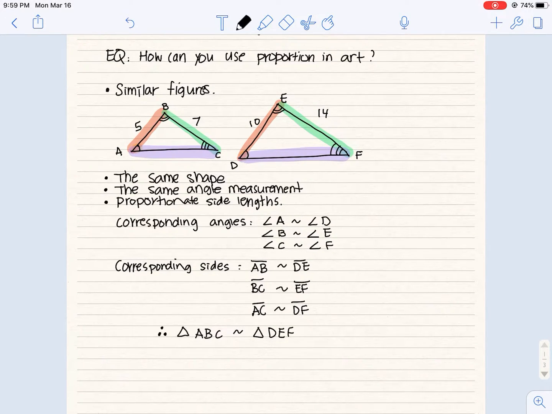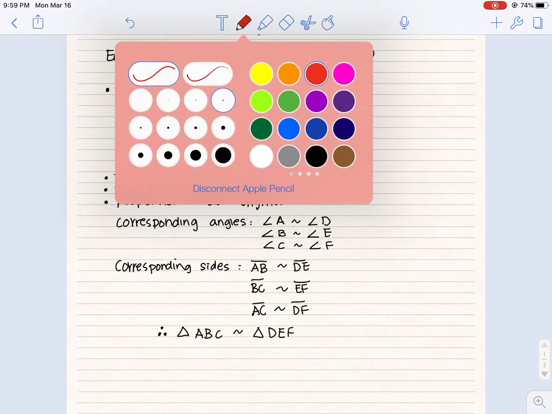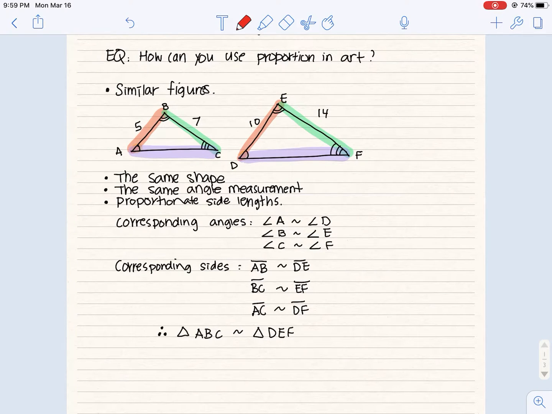Whenever we have something like this, you can actually put these sides into proportion formulas. Okay, so let's see, what should I use? I'm going to use red. Okay, so side lengths are going to be proportionate.